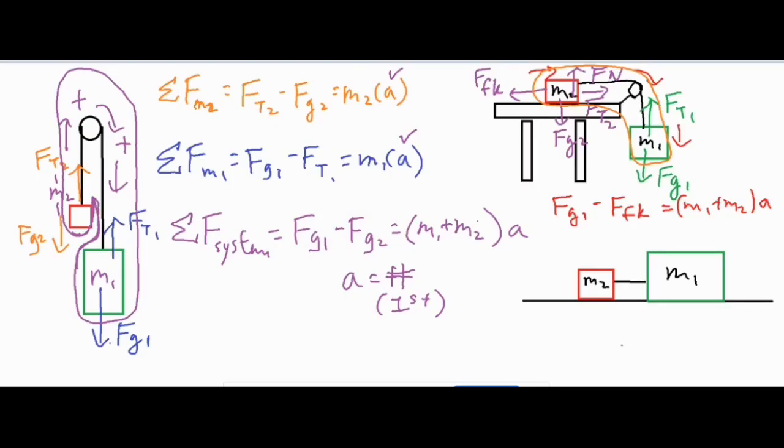Now for our last one, again, it's a similar idea where we would have maybe an applied force here, normal force here, force of gravity, and then let's say this case would be frictionless, then we would have this Ft tugging M1 backwards. And then for our second one, we would have this force of tension tugging M2 forwards.